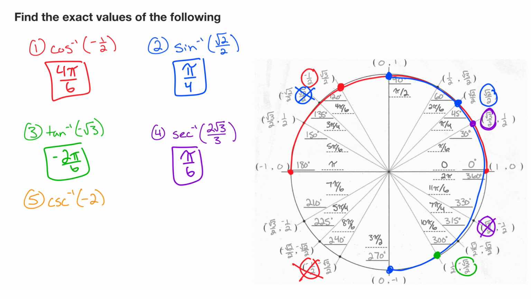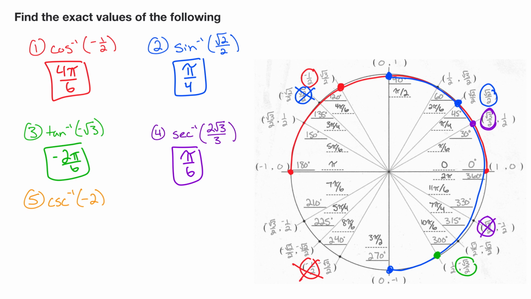And then lastly, but certainly not leastly, we have cosecant inverse of negative 2. That is saying when is the cosecant going to have a value of negative 2 for its coordinate. Cosecant is the reciprocal of sine. Get the reciprocal of negative 2 is negative 1 over 2. So it's saying when is the sine value going to be negative 1/2?